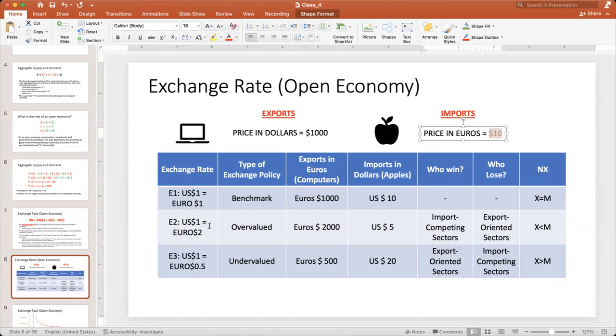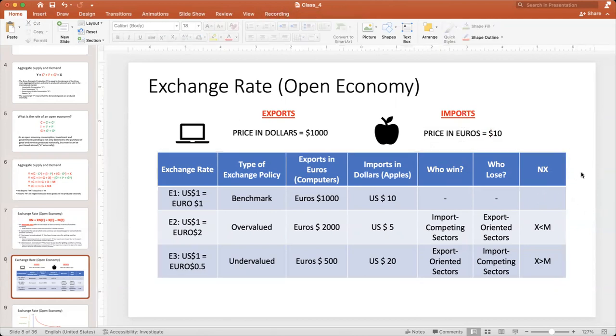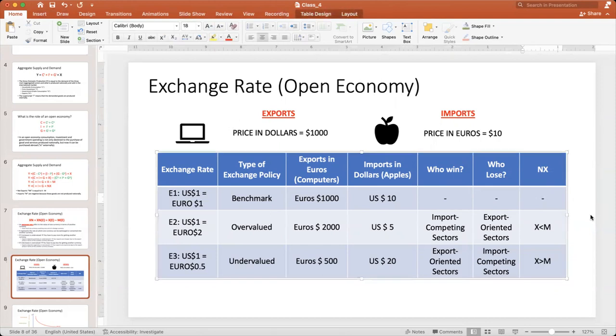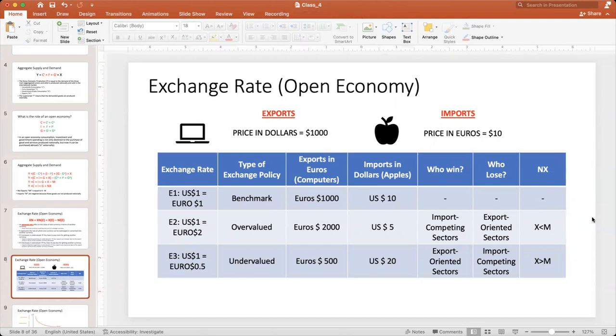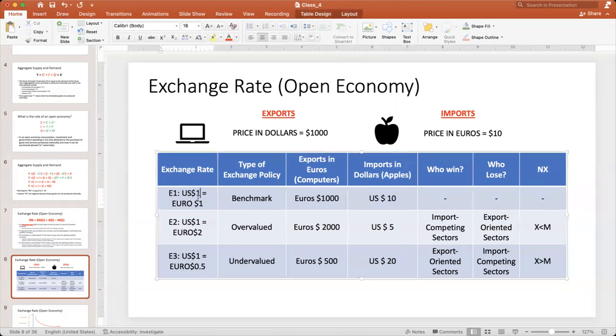So let's create a benchmark scenario. This benchmark scenario doesn't say anything. It's only to create a comparison scenario. So in this benchmark, we are going to use an exchange rate that is $1 per 1 euro. So with $1, I could buy 1 euro.